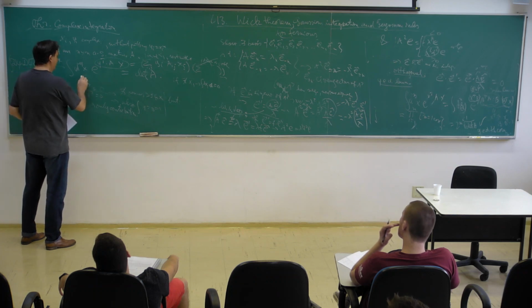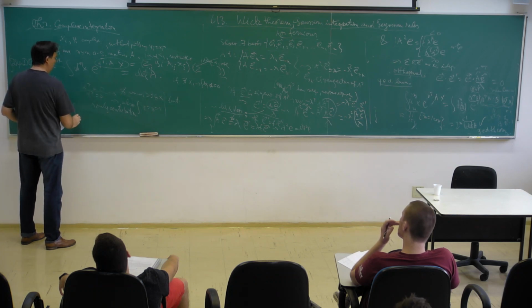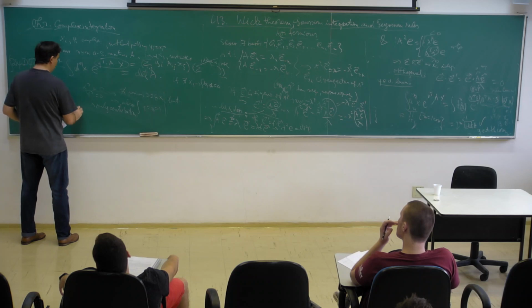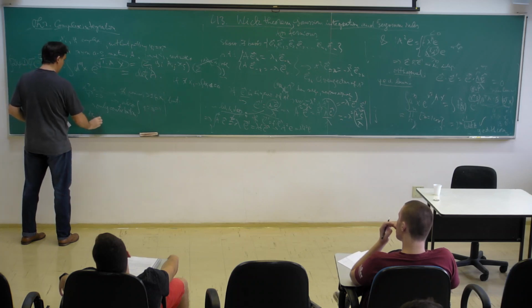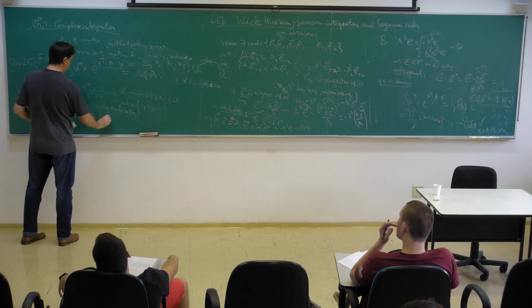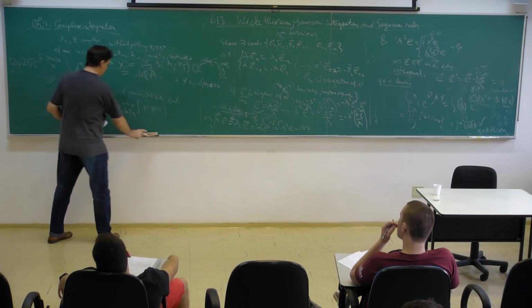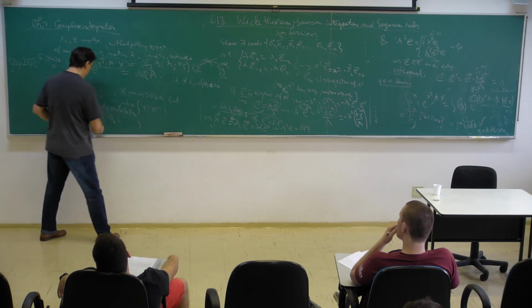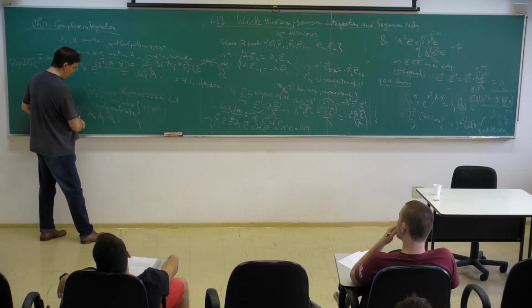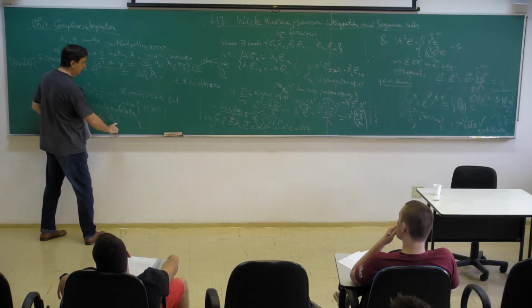And actually, that means that the integral here will be integral dx1 ... dxn dy1 ... dyn. And now I need to have something with n x's and n y's, right?